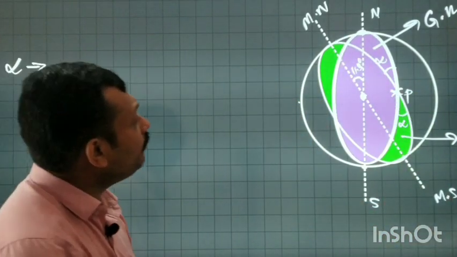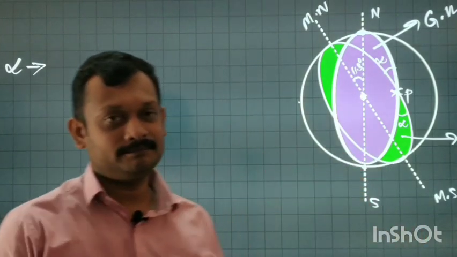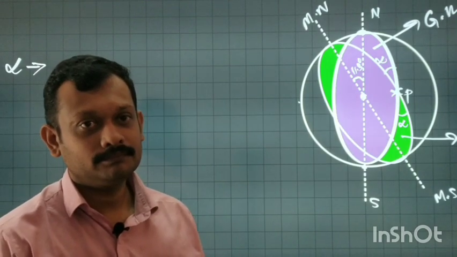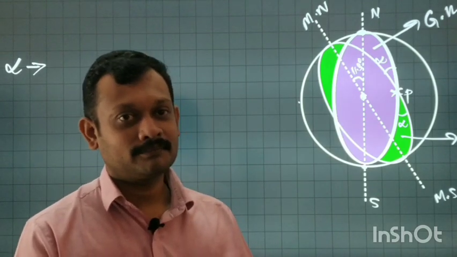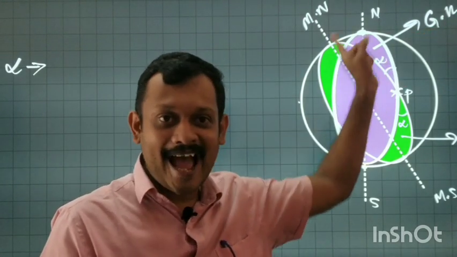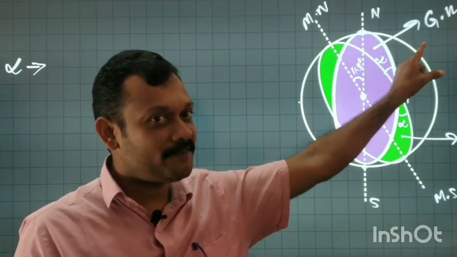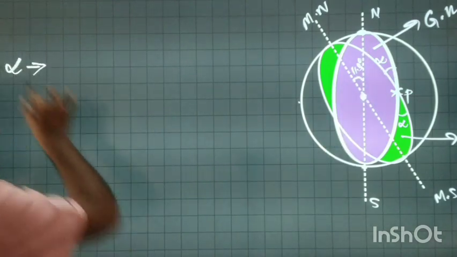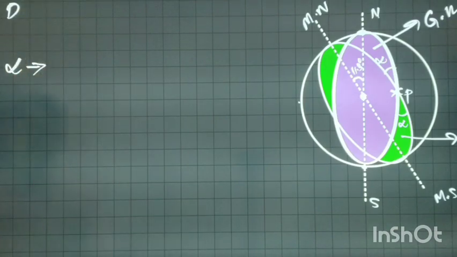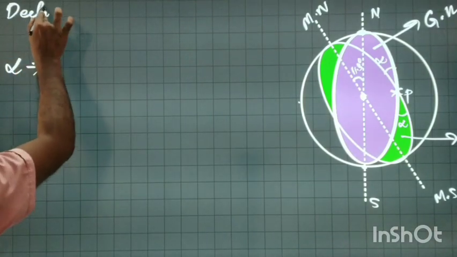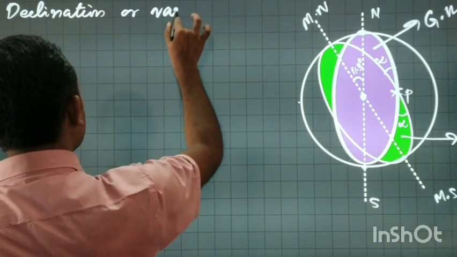My question is, how do you define angle alpha? Alpha is the angle between what? The geographic meridian and magnetic meridian. Alpha represents the angle between geographic meridian and magnetic meridian. We call it by the name declination, or variation.